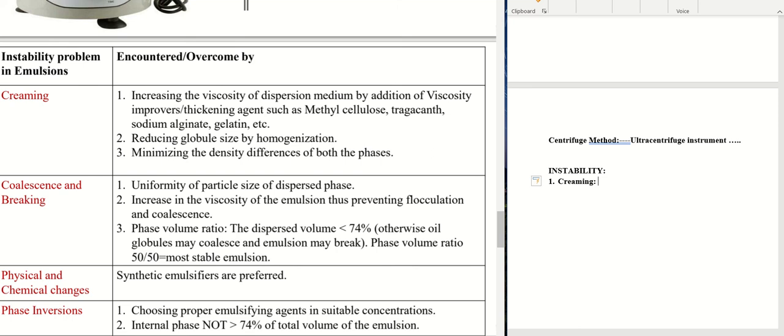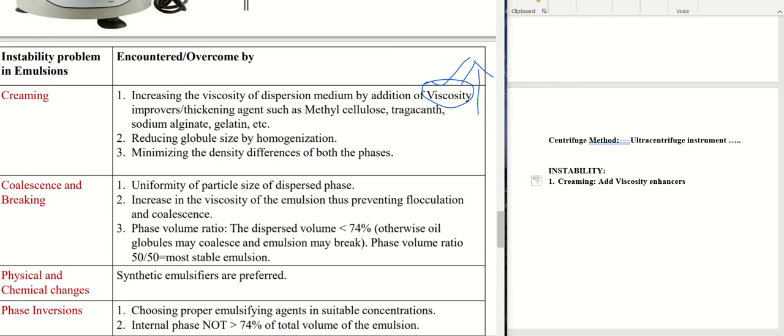So in order to improve the stability, we need to add viscosity enhancers. Viscosity has to be improved or increased to avoid the migration of different phases.